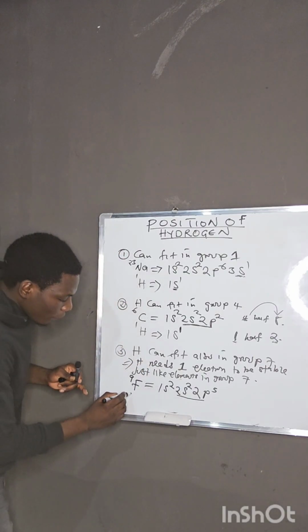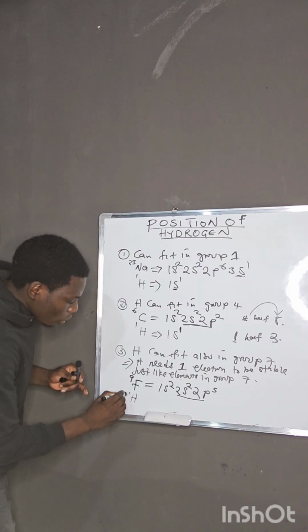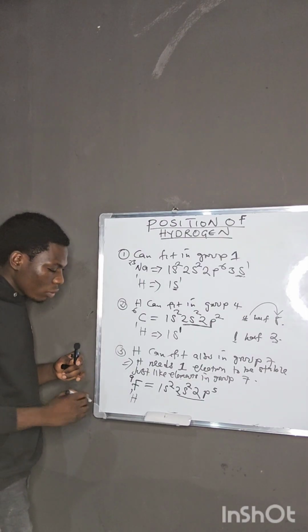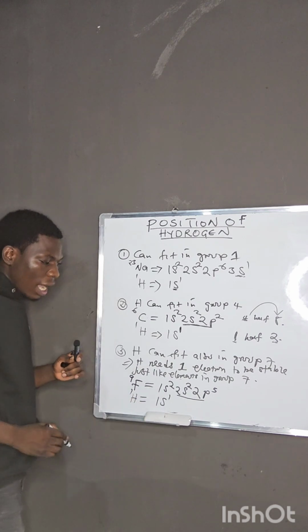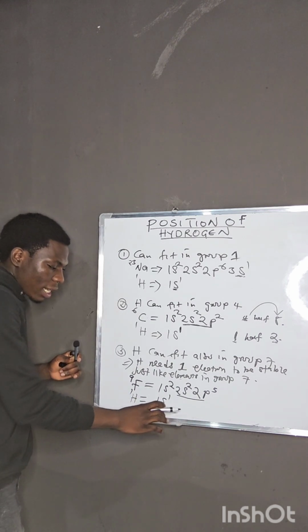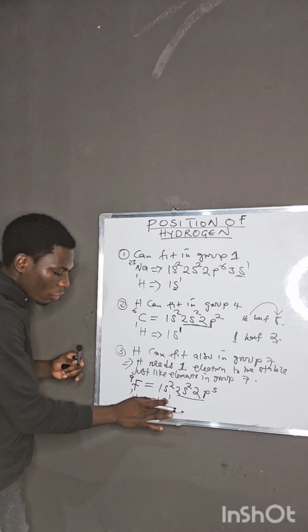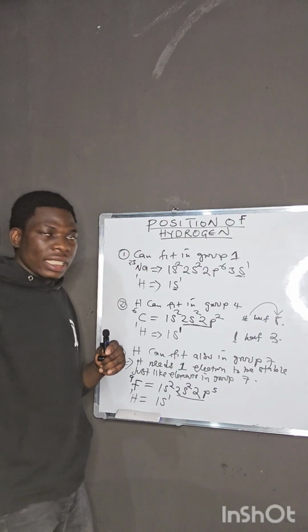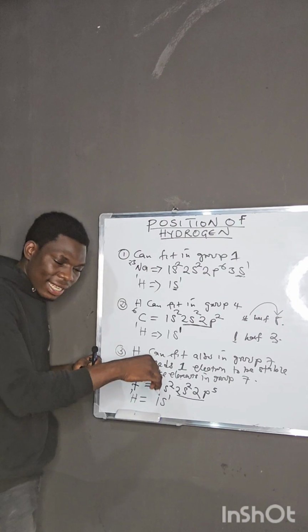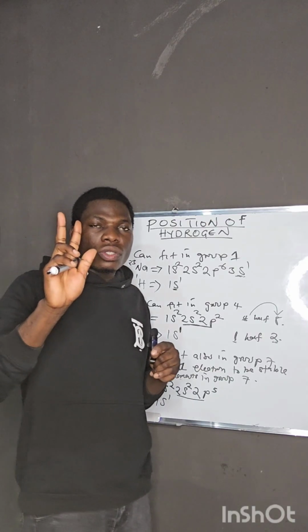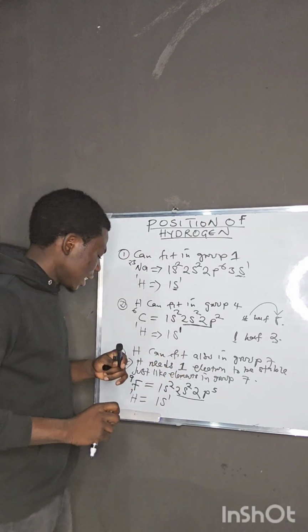And so, if we are to also write the electron configuration of hydrogen, we are going to realize that hydrogen can be written as 1s1. How many electrons does hydrogen need for it to become stable? So in this case, hydrogen also needs only 1 electron for it to attain the 2 electrons, which is its stability state.